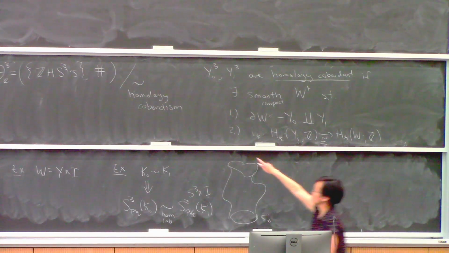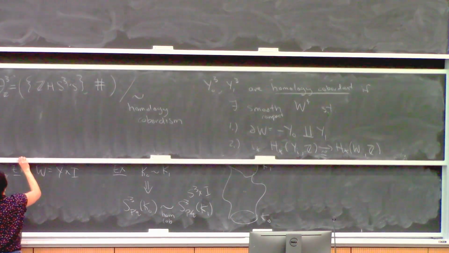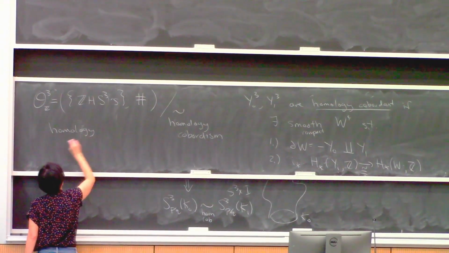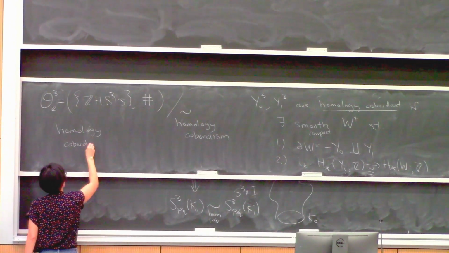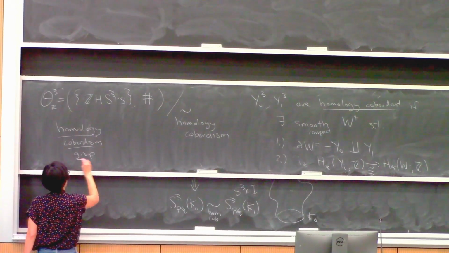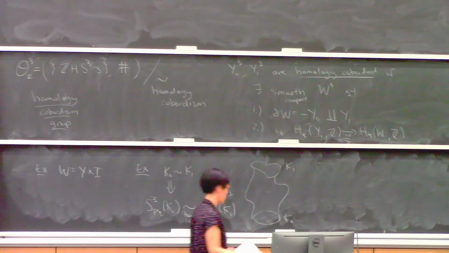So this thing up here is the homology cobordism group. It'd be nice to know things about the structure of this group.